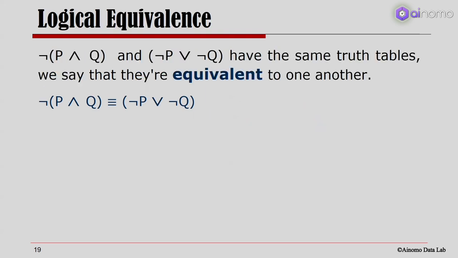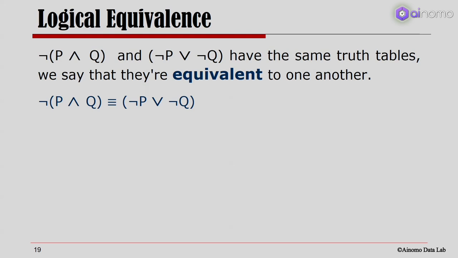Now, these two formulas, not of P and Q and not P or not Q, have the same truth values as we saw. We say that they are equivalent to one another.